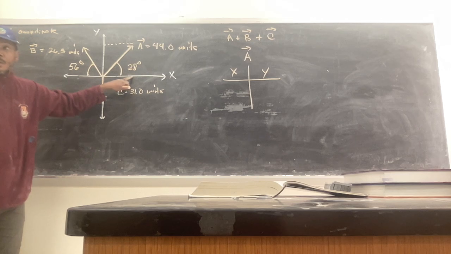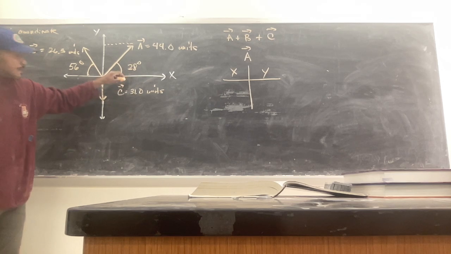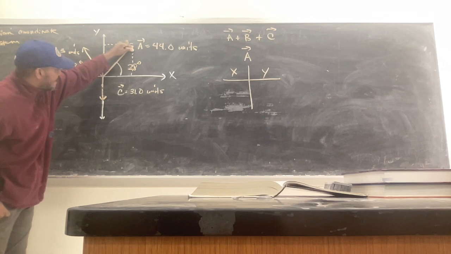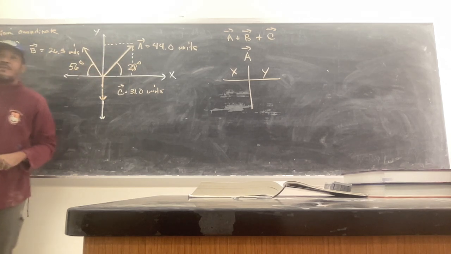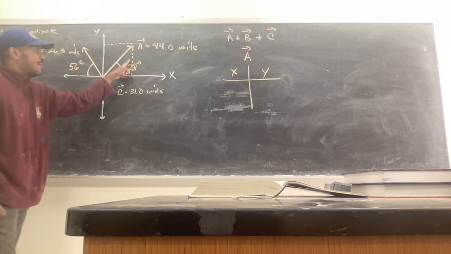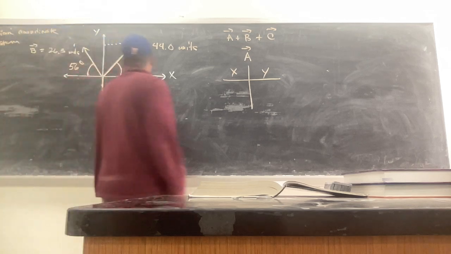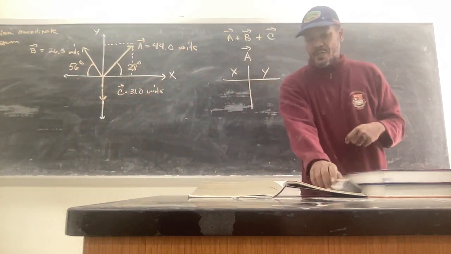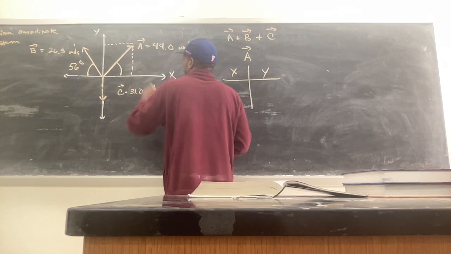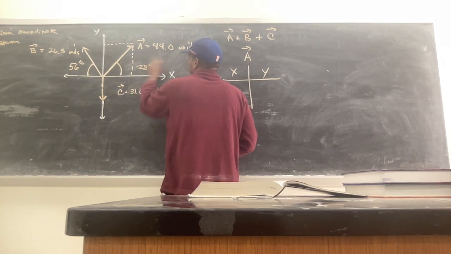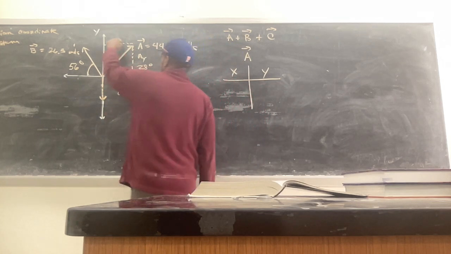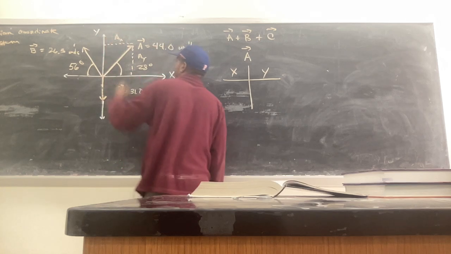It's telling us how far the vector A goes in the y direction. So that's the y component of A. This is 28 degrees. We can denote this as A sub y, and this as A sub x.